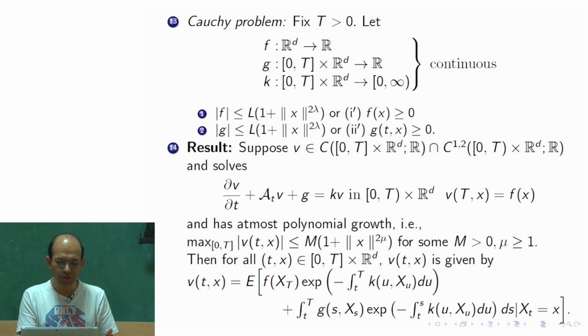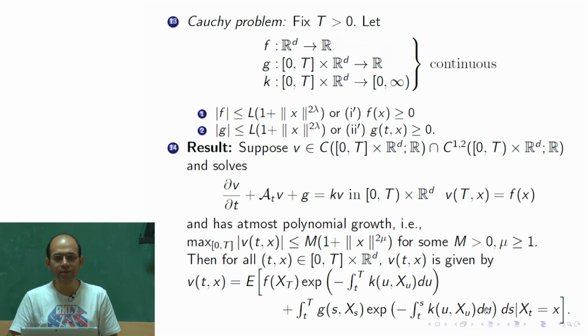In this Cauchy problem we have a variable coefficient second order partial differential operator, and if this has a classical solution having at most polynomial growth, then that classical solution has this stochastic representation. This is the thing we want to prove.